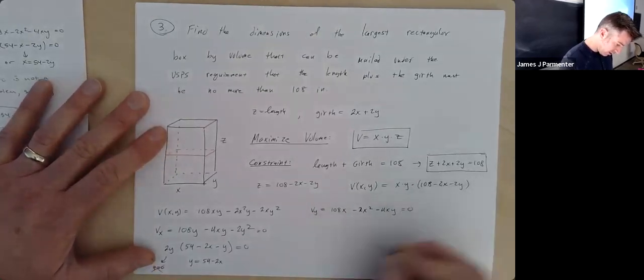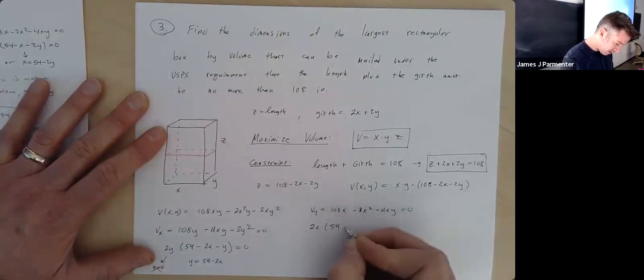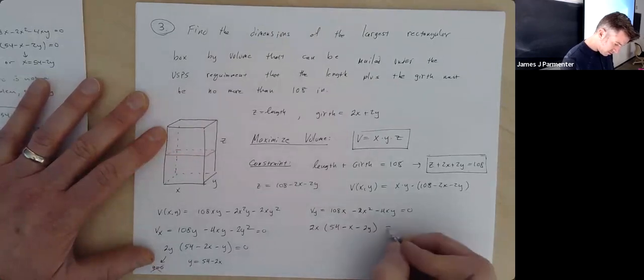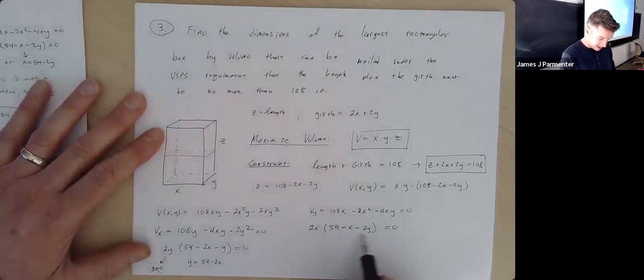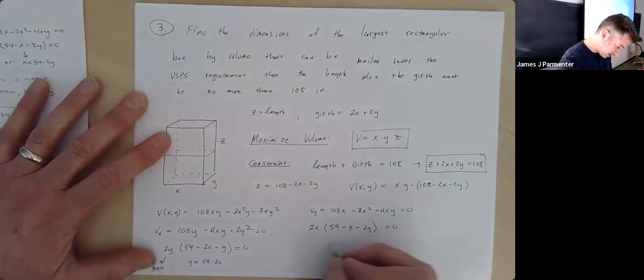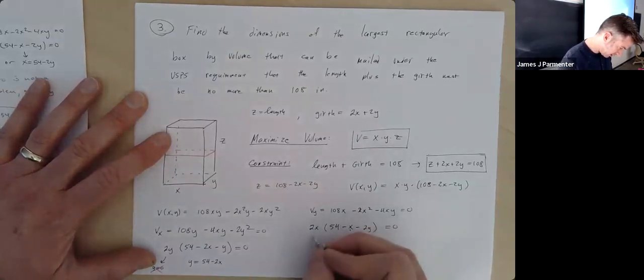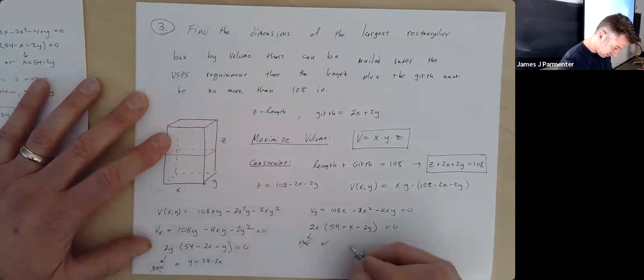If we set this equal to 0, factoring out a 2x, we're left with 54 minus x minus 2y. I could do the same thing and solve for x here and get x equals 54 minus 2y, but that's not actually helpful. What's more helpful is to set this equal to 0, since we don't care about the 2x being 0.